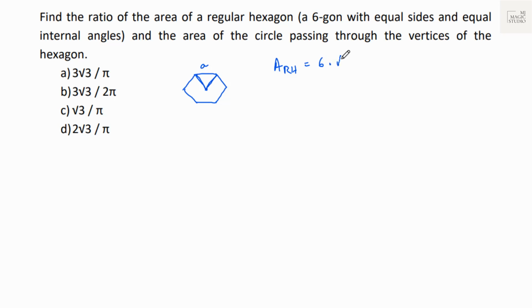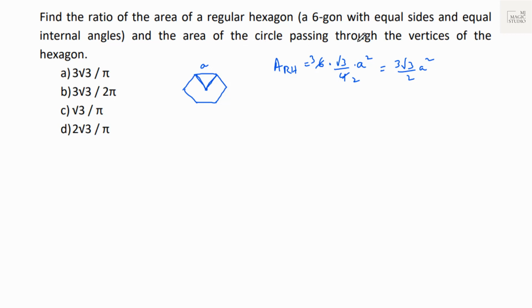Area of equilateral triangle is root 3/4 side square. So that comes to 3 root 3/2 a square.